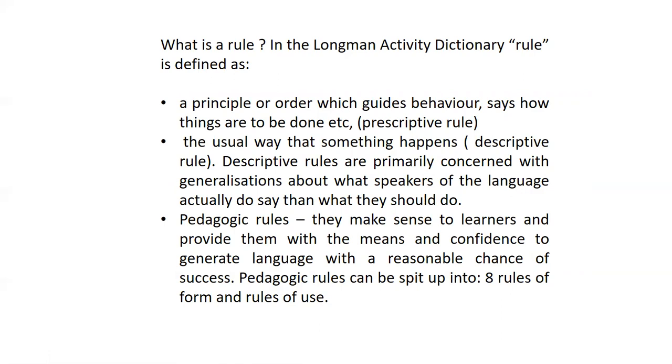It is just the usual way; nobody prohibits or orders this behavior, it is just usual. So it is a descriptive rule, because descriptive rules are primarily concerned with generalizations about what speakers of the language actually do or say rather than what they should do. Okay, so I hope you got it.